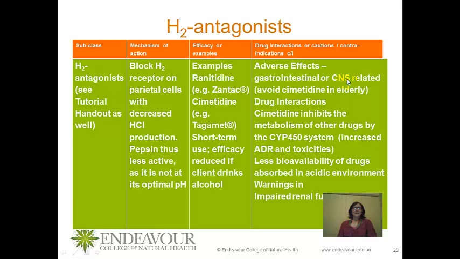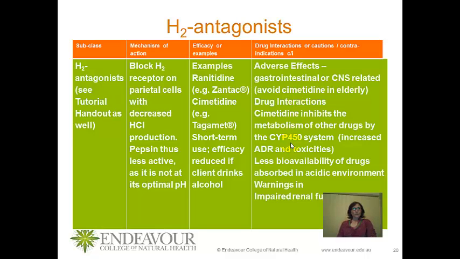As with any medication, the H2 antagonists have adverse effects in the gastrointestinal tract and in the CNS. The H2 antagonists are avoided in the elderly who already produce far less hydrochloric acid.